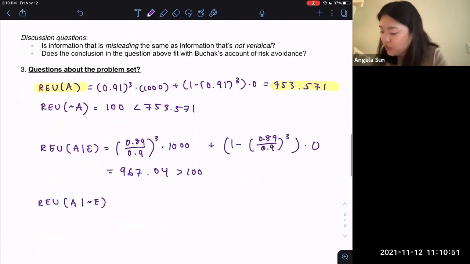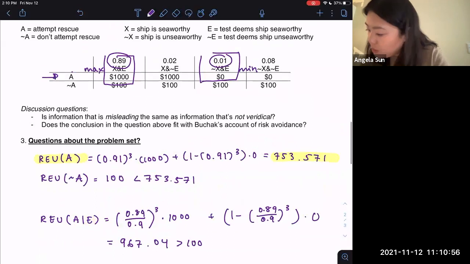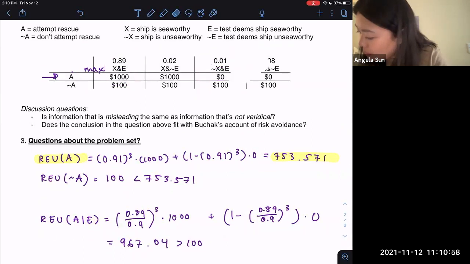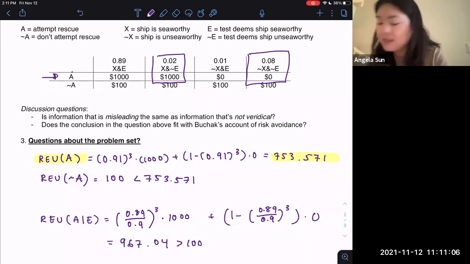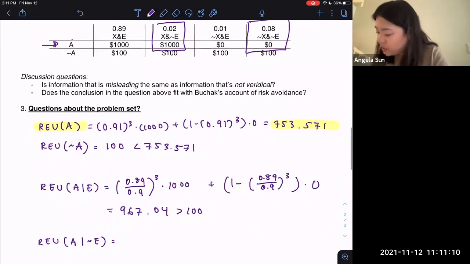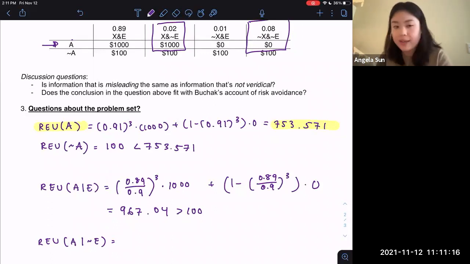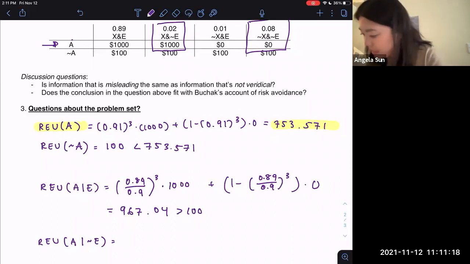So now let's see what we would choose if the experiment told us not E. So we're going to go back to our table. And again, we're just looking at the first row. And now we're going to condition on not E. So we're looking at these two columns of the table. Again, we have a case where we're calculating risk-weighted expected utility for two possible outcomes, so we're going to use the two outcome formula.